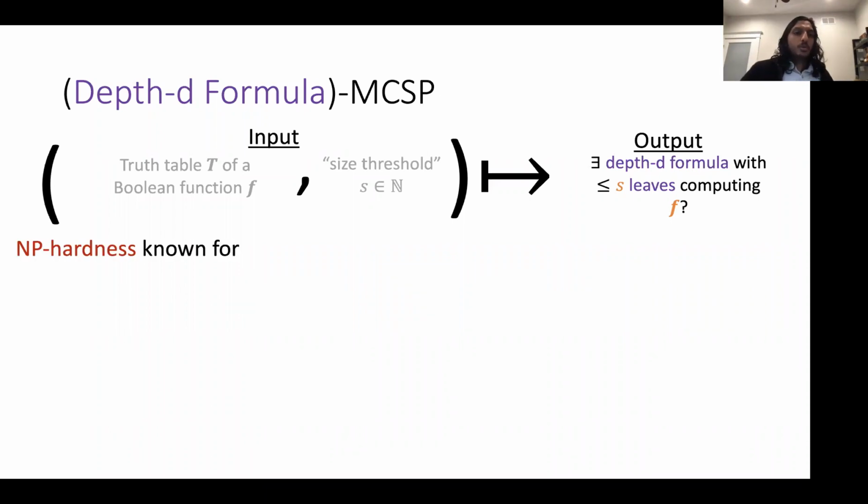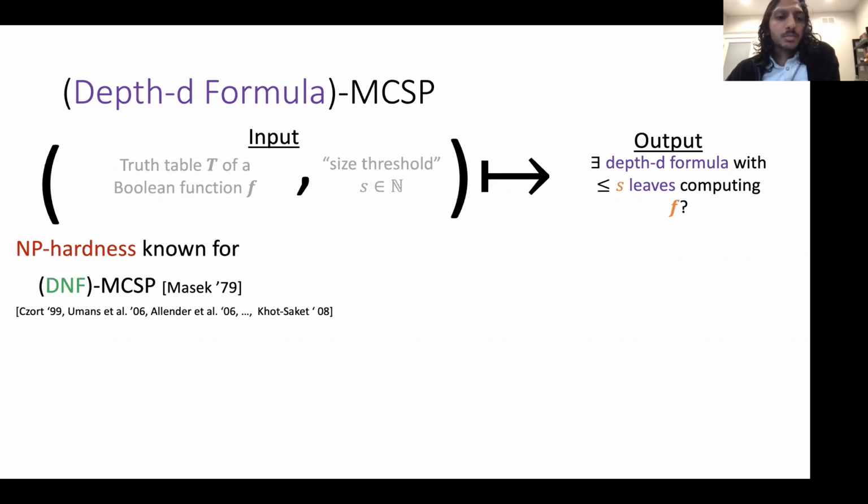Prior to our work, NP-hardness was known for the DNF version of MCSP. In fact, this was proved all the way back in the late 70s, and there were a bunch of different improvements to this work that tried to prove better hardness of approximation. One thing I want to point out, which is perplexing at first, is that it seems DNF MCSP should be an easier problem than the regular MCSP, right?